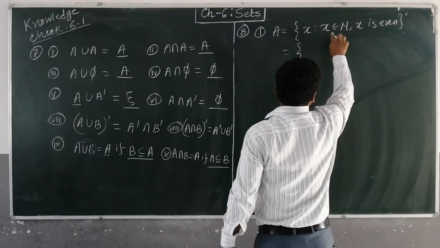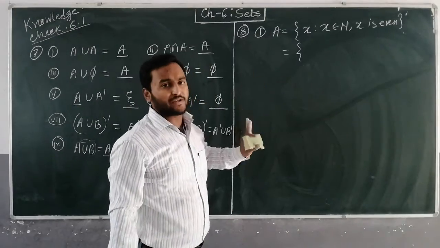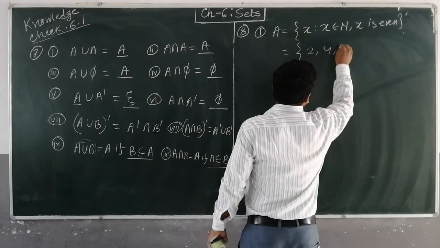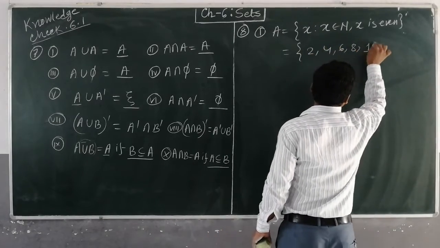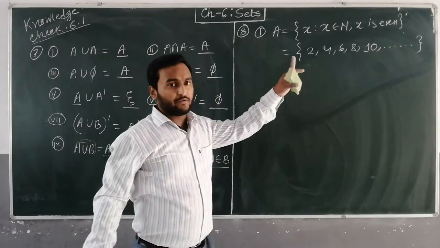The elements will be natural numbers and even, so it means even natural numbers. The even natural numbers are 2, 4, 6, 8, 10 and so on, up to infinity it will go.